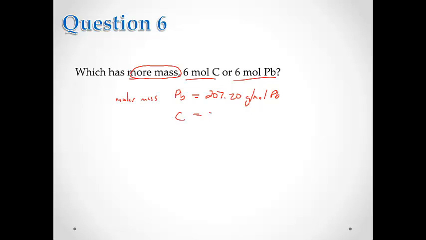And if we look at carbon, that one is 12.01 grams per mole. So you can easily see that for every 1 mole of lead, you have way more mass than you would for the carbon. So the answer to this one would be that 6 moles of lead is quite a bit more mass than 6 moles of carbon.